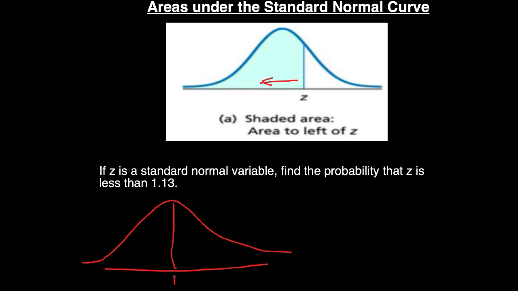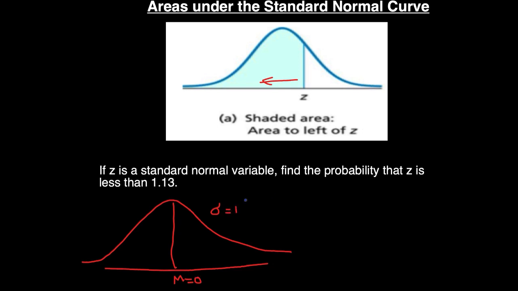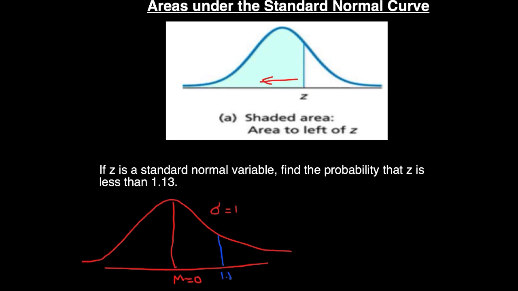Therefore, mu equals 0, sigma equals 1. Less than 1.13, and 1.13 is greater than 0, therefore I pick this point 1.13. So the probability of less than 1.13 means the area under the curve to the left of 1.13, this area.